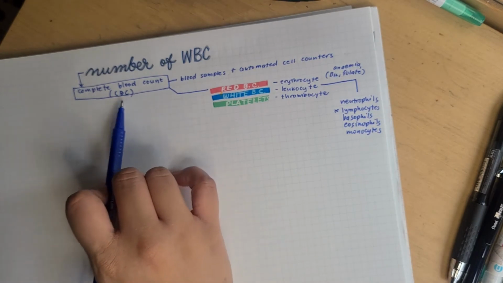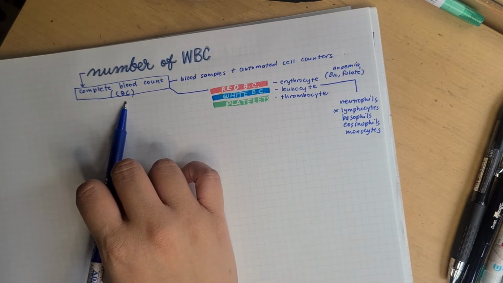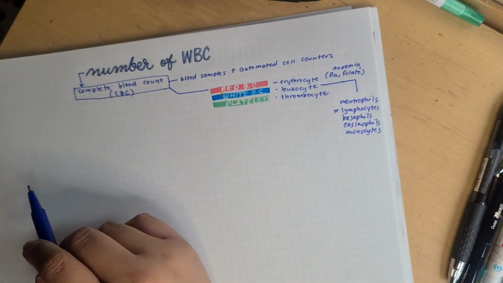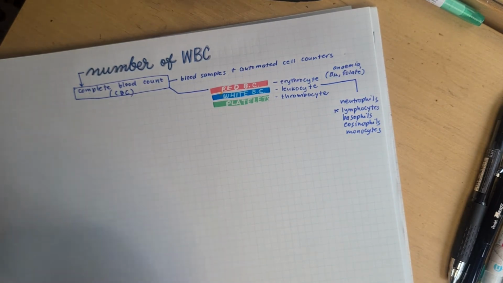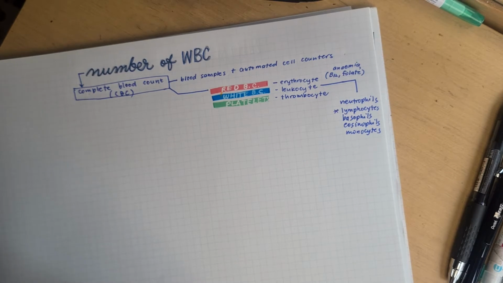Once a complete blood count is done, depending on the result, of course, of the patient, the doctor might ask the patient to do a follow-up test to confirm diagnosis based on the displayed signs and symptoms of the patient.